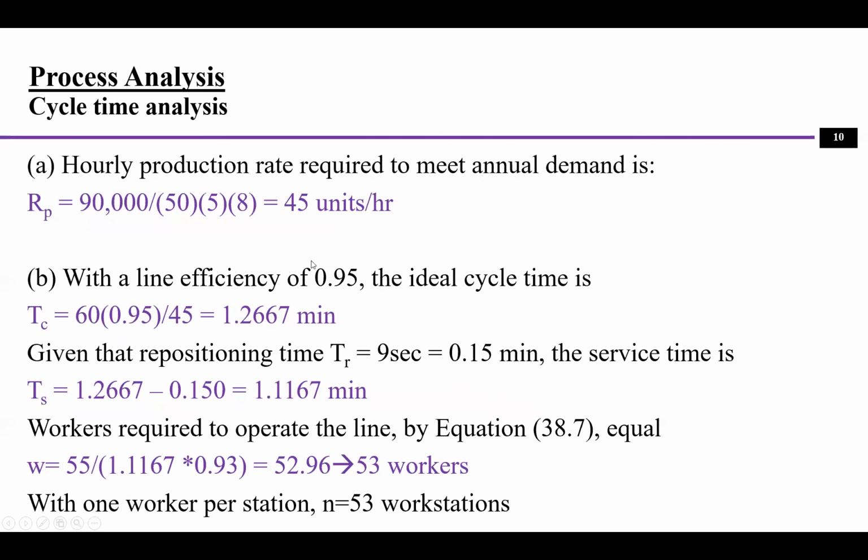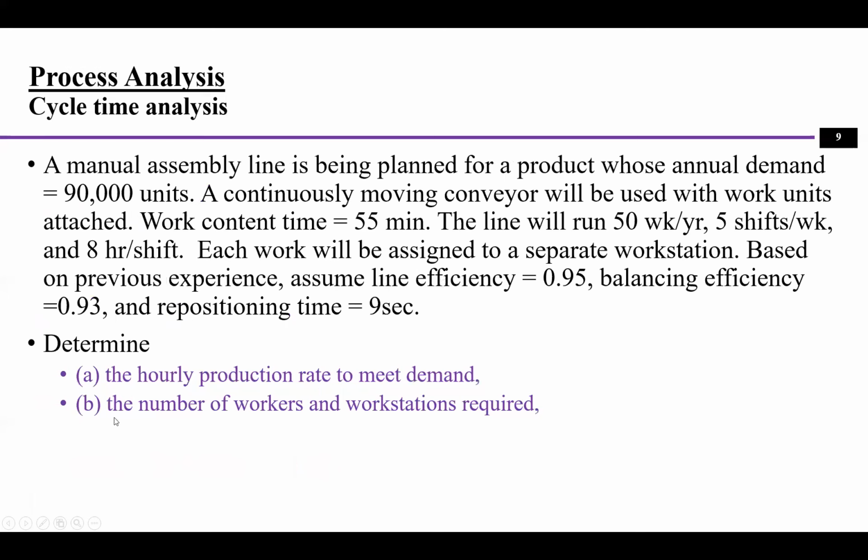If you look at the equation, this is how we calculate the production rate. Our second question is to calculate the number of workers and workstations required. Because each worker is assigned to a separate workstation, the number of workers equals the number of workstations.